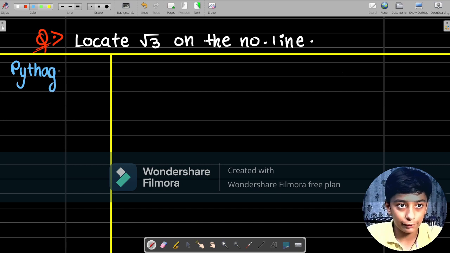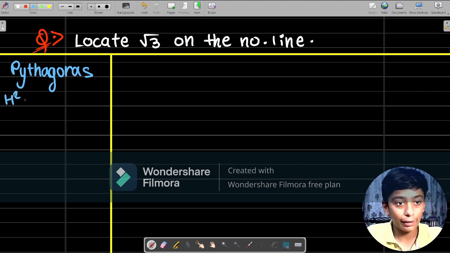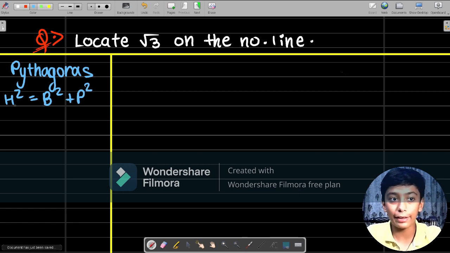According to Pythagoras, h square is equal to b square plus p square. So h is hypotenuse, b is base, and p is perpendicular.